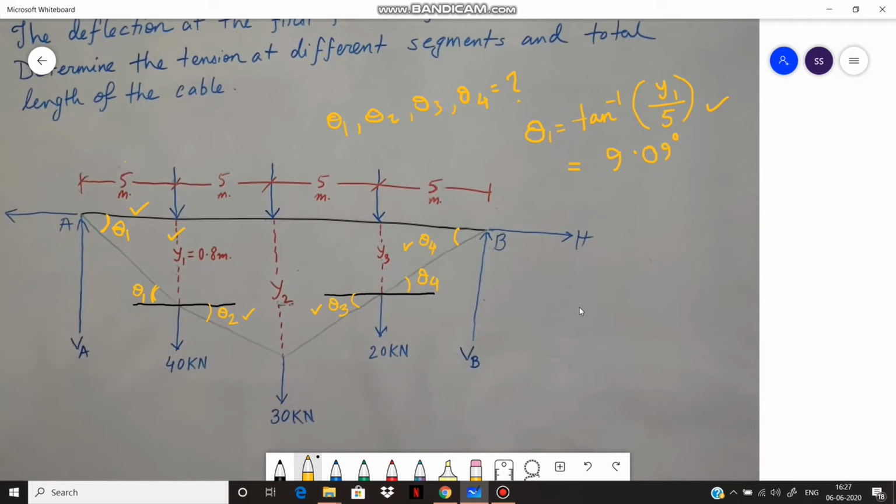And to calculate theta 2 we have tan inverse y2 minus y1 by 5. So how are we getting this?